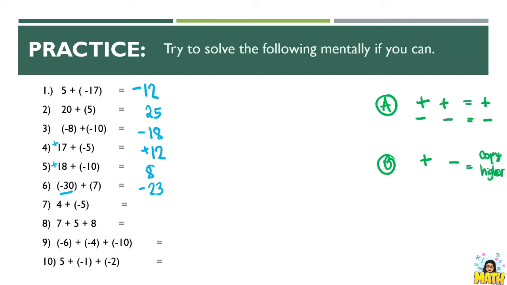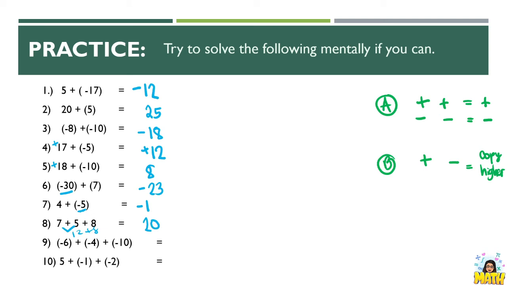Number 7, 4 plus negative 5, opposite signs means subtract. So 5 minus 4, and copy the sign of the higher absolute value, that is negative. So negative 1. Next, number 8, they are all positive numbers, so just add the usual way. 7 plus 5, 12, plus 8, that's positive 20.